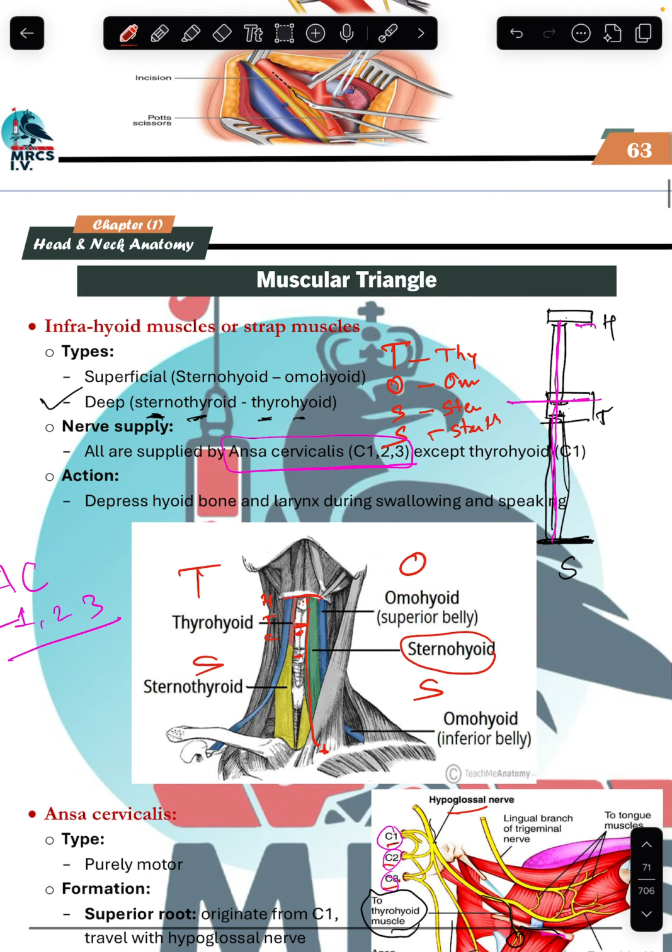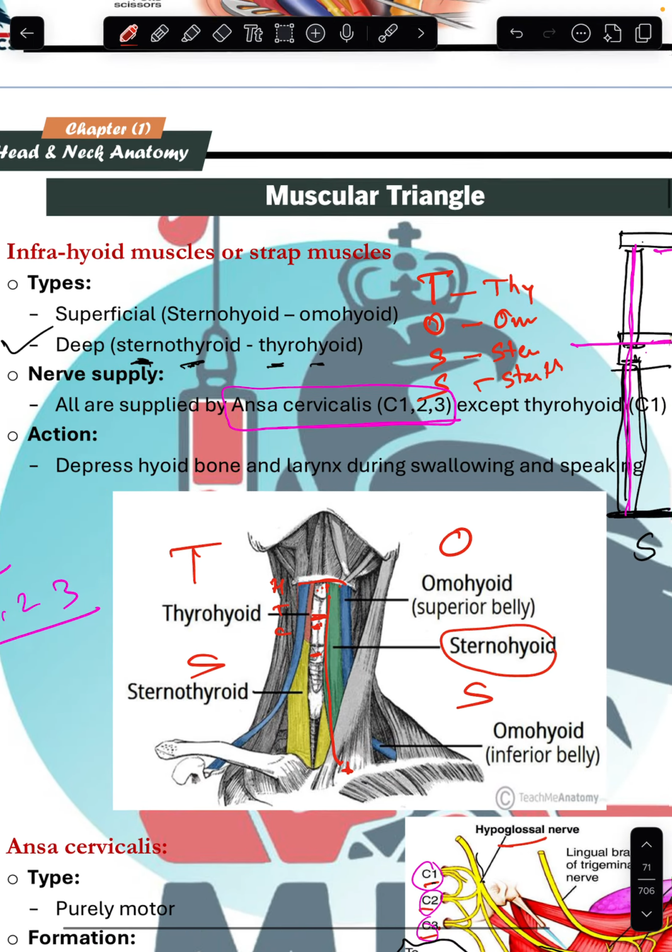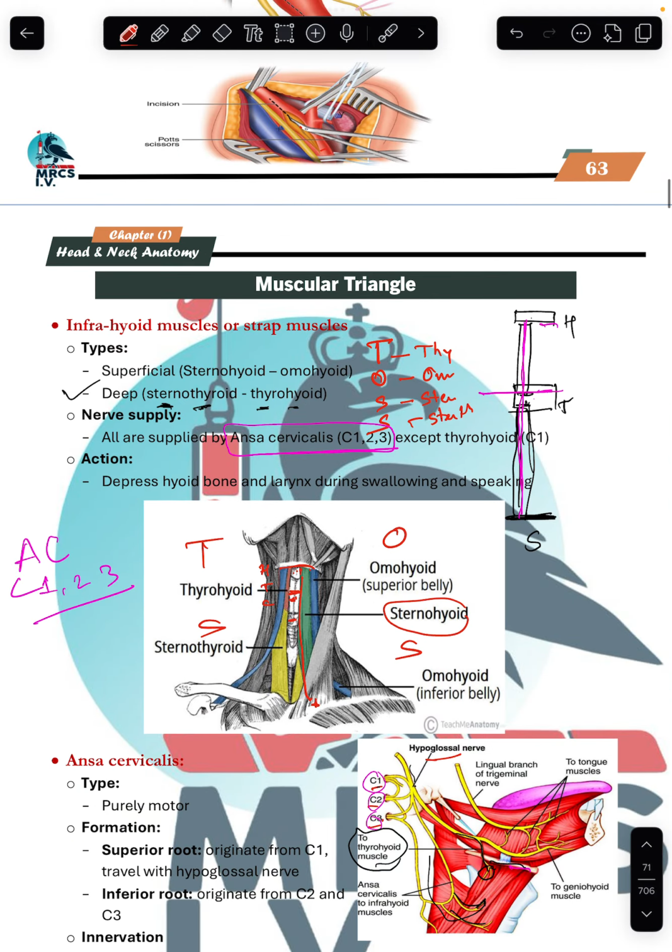Now this is the muscular triangle, part of the anterior triangle. You can see suprahyoid and infrahyoid muscles. The infrahyoid muscles are the strap muscles. Superficially, sternohyoid runs from the sternum to the hyoid bone. This is the sternum, this is the hyoid bone.